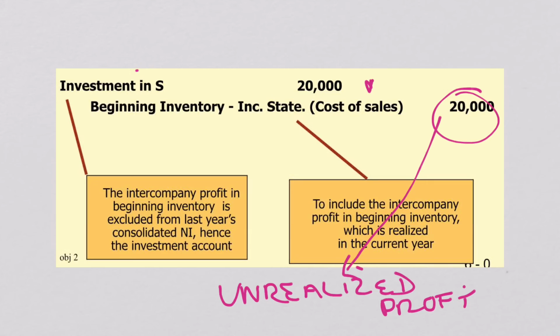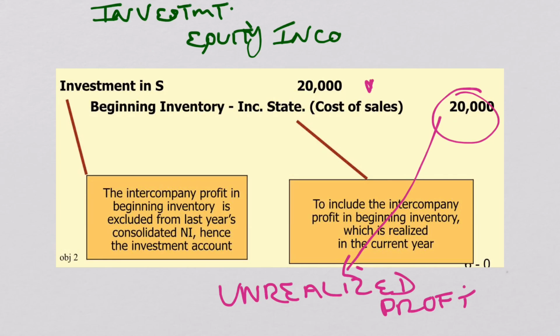What the parent had done on their books is they had debited the investment account and credited the investment equity income for the deferred amount, and that's basically because of the explanation here. So that's why the investment account is hit in the elimination entries itself.